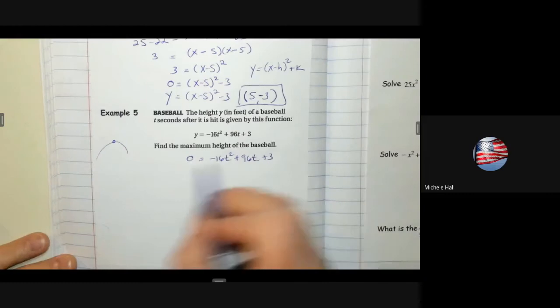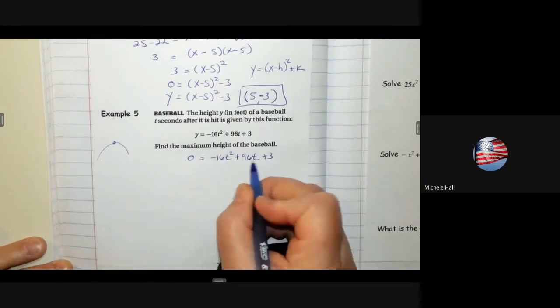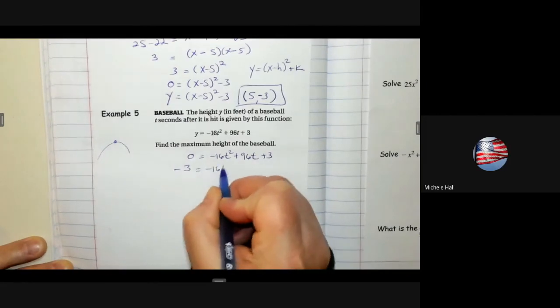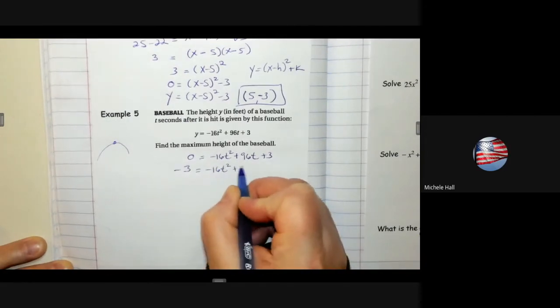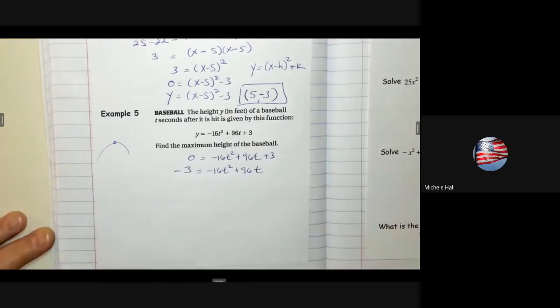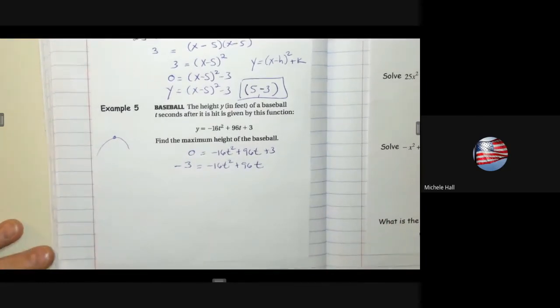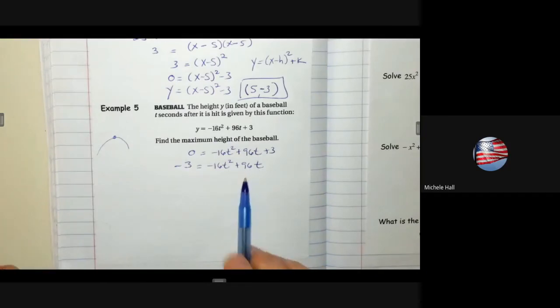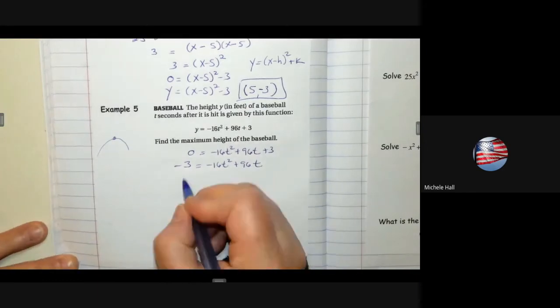I'm going to put the 3 on the other side to get my t terms by themselves. So we have negative 3 equals negative 16t squared plus 96t. Because I just have my t's on the right-hand side, I can factor something out from those two. And I'd like to factor out the negative 16.